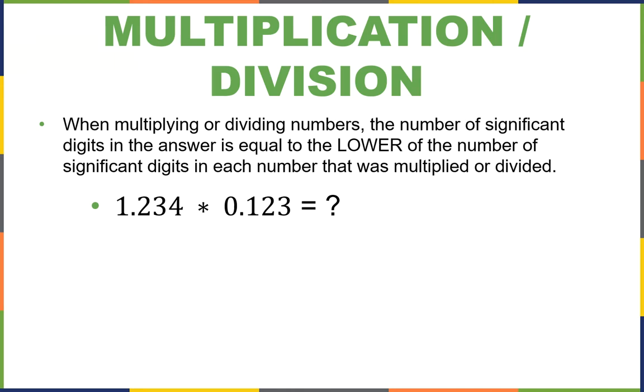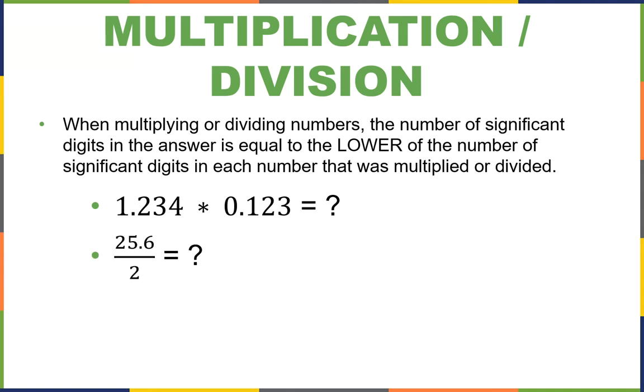So you look at those and you say, okay, 0.123 is only good to 1 part in 3 orders of magnitude. 1.234 is good to 1 part in 4 orders of magnitude. So the one with less precision is the 1 part in 3 orders of magnitude. And so your answer is going to be good to 1 part in 3 orders of magnitude, staying with the smaller of your 2 precisions. So the smaller number of significant digits is the number of significant digits in your answer. So that has 3 significant digits.